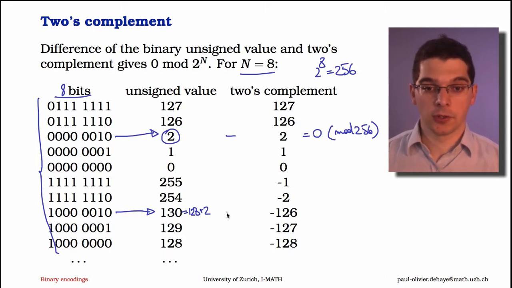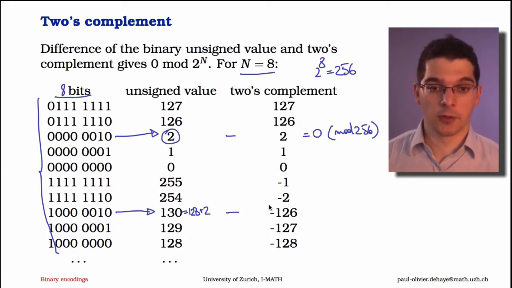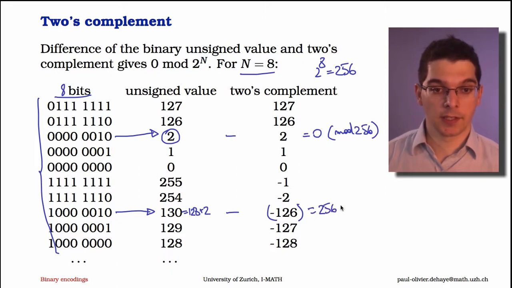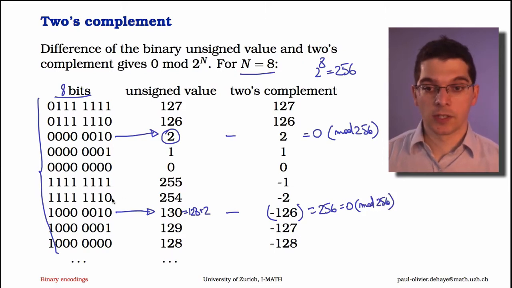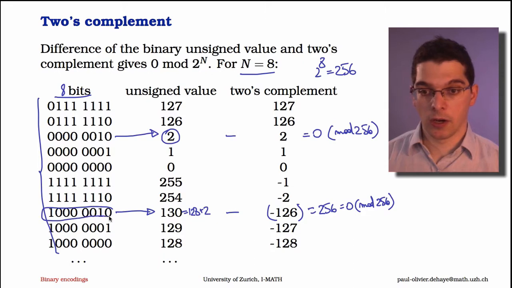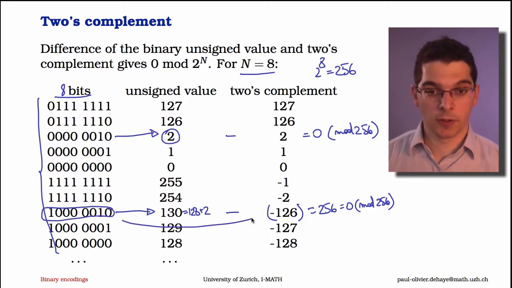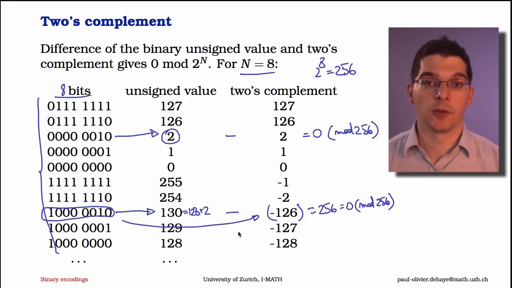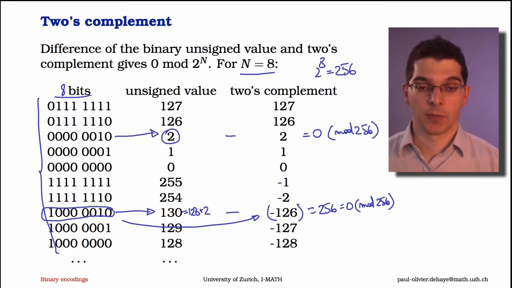So the value that I should use is actually minus 126, because if I do 130 minus 126, I'll get 256, which is 0 modulo 256. So you see that this pattern of digits will correspond to minus 126 in 2's complement.